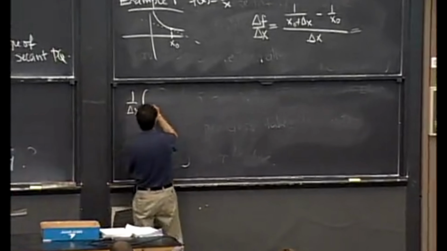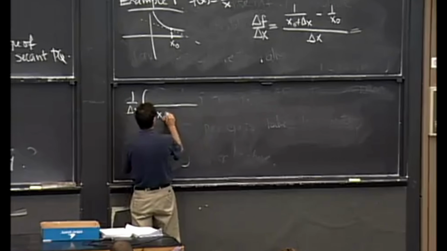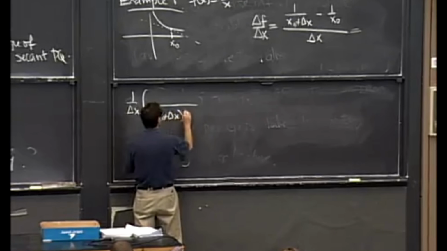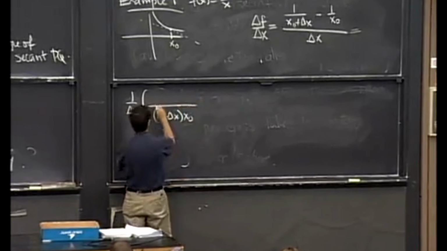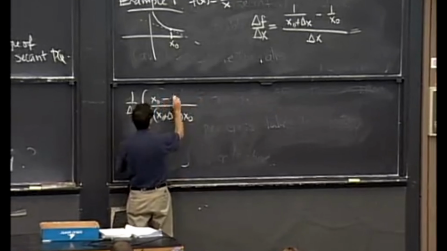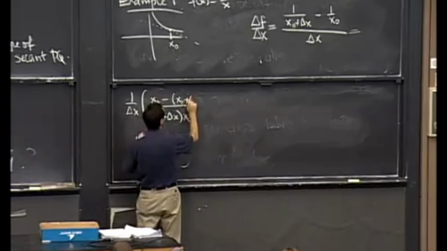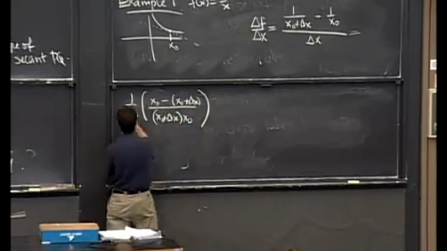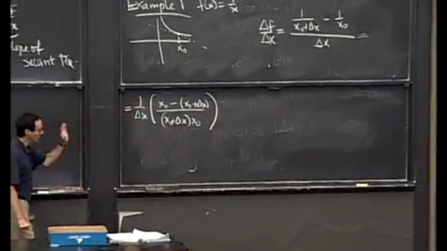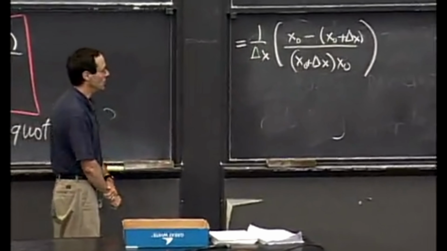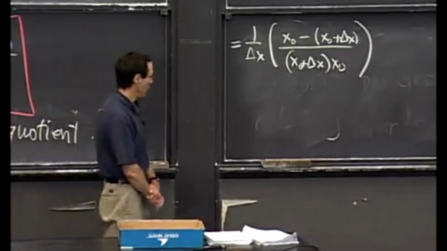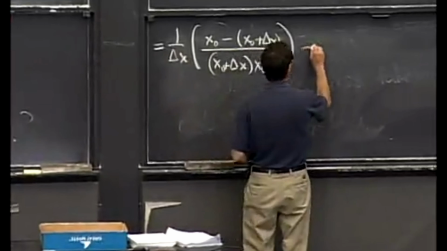So the common denominator is x0 plus delta x times x0. And so in the numerator for the first expression, I have x0, and for the second expression, I have x0 plus delta x. So this is the same thing as I had in the numerator before, factoring out this denominator. And here I put that numerator into this more amenable form.